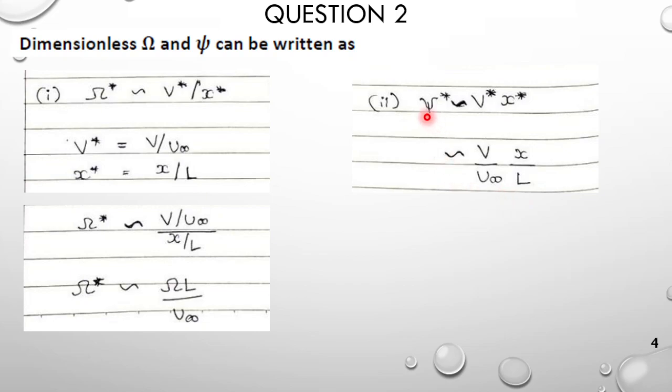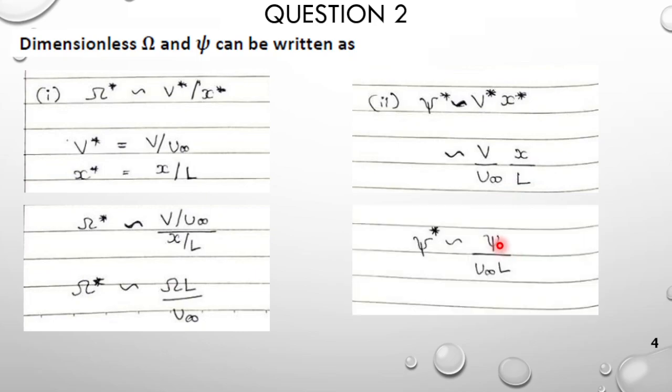We have to relate the dimensionless stream function with a dimensional form. So we can write this v into x as the dimensions of the stream function. The dimensional stream function psi, v into x, I have written as psi over here, and then u infinity L as it is. I hope this is understood.